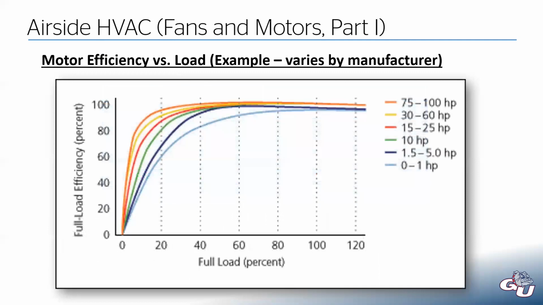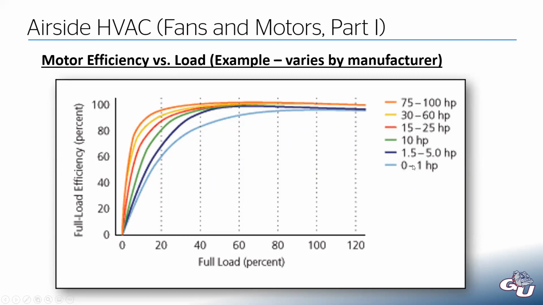Here's an example of how the efficiency drops off when motors are underloaded. I mentioned earlier that larger motors tend to be better about it. On the 75 to 100 horsepower efficiency line, you can see around 70 to 80% loading is kind of the sweet spot, but it maintains pretty good efficiency even all the way down to 20% load.